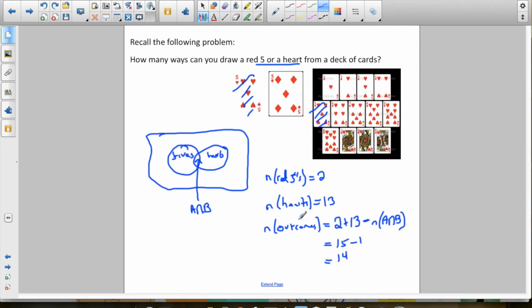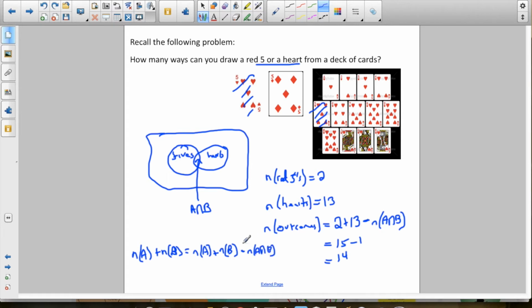This is a general equation that we should know. The number of elements in set A plus the number of elements in set B is always going to be the number from each of those two sets, but we have to subtract the intersection because we've double counted it.